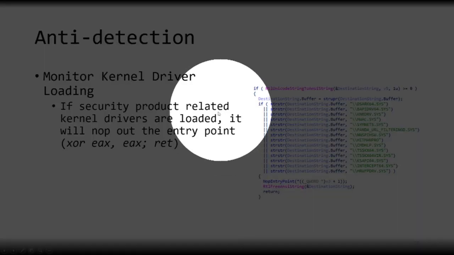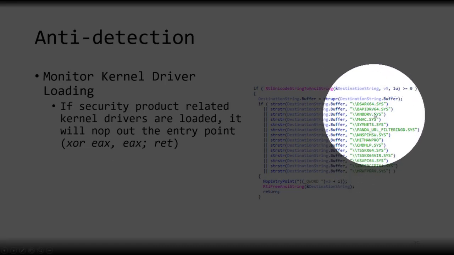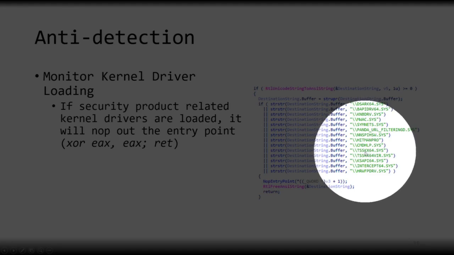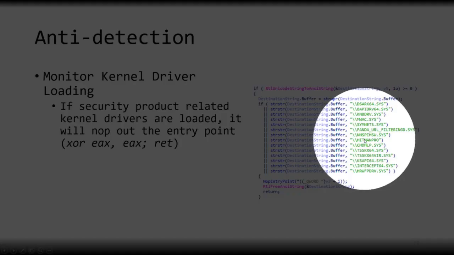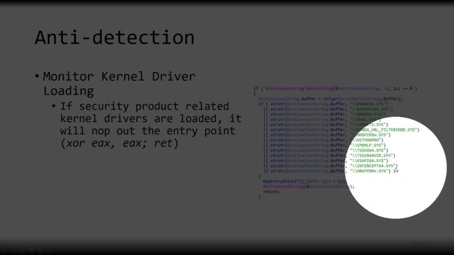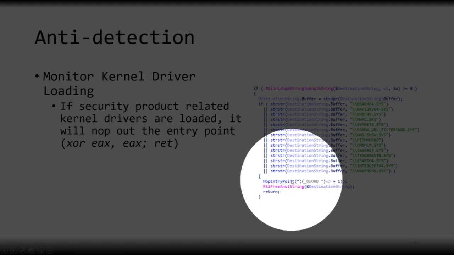Also, for any kernel driver that is loaded on the system, for example, they have this list. A lot of them are from security products, HitmanPro, there are Panda or Kaspersky drivers. They will be nullified, just putting the NOP code into the entry point.